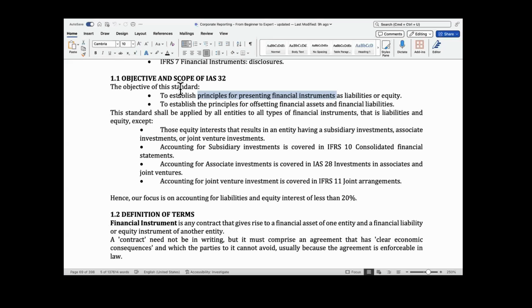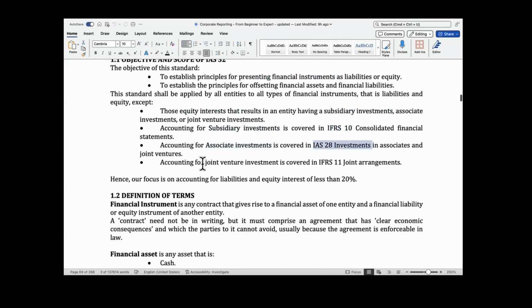So tonight, the equity interest we are looking at is not the one that results in subsidiary or associate or joint venture investment, because accounting for subsidiary investment is dealt with in IFRS 10. Accounting for associate investment is dealt with in IAS 28. Accounting for joint venture investment is dealt with in IFRS 11.